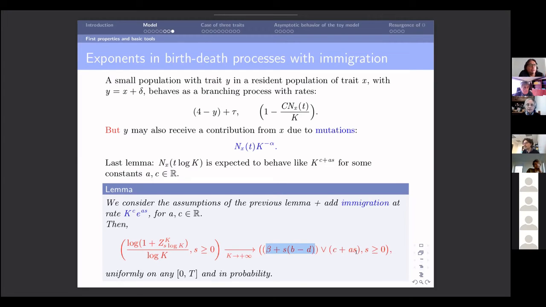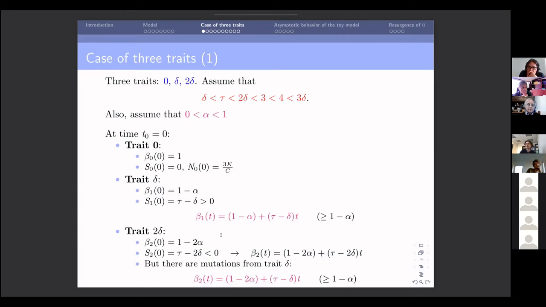So you get c plus a s, and you need to take the maximum of these two. I don't know if it's clear, but it's what you get in the exponential and logarithmic scales for branching processes. Now, with this in mind, we can understand what the dynamic should look like.